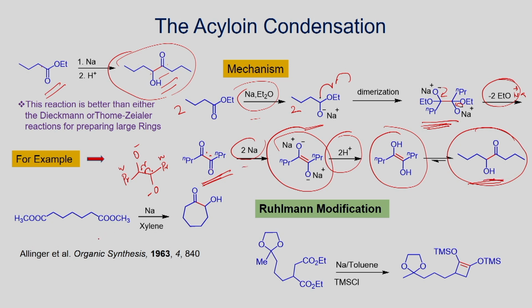Now let us look at this diester, which can be cyclized using this approach. Using sodium in xylene solvent, you can get this macrocyclic ketone derivative as a product. As we have seen, when you react with sodium, you have to use excess sodium, 4 equivalents of sodium.